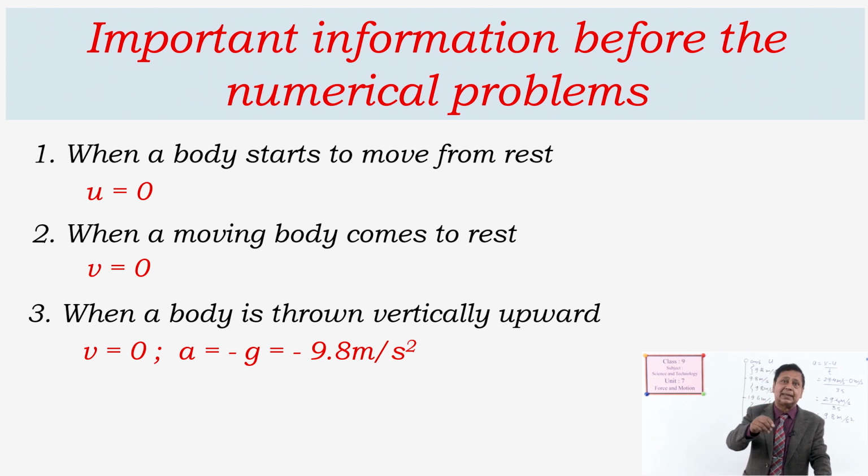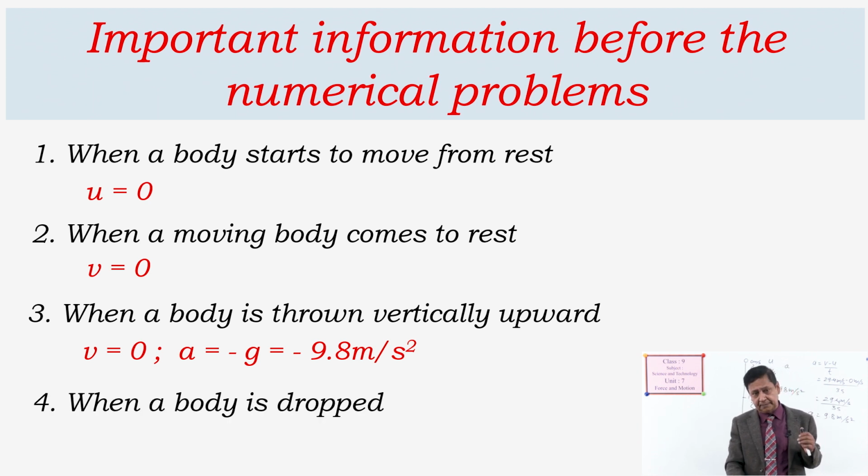But its direction is towards the center of the earth, while the body is moving away from the center. That's why we have to take minus g as the acceleration on that body. So, if a body is thrown vertically upward, we'll take final velocity 0 and acceleration minus g, meaning minus 9.8 meter per second square.